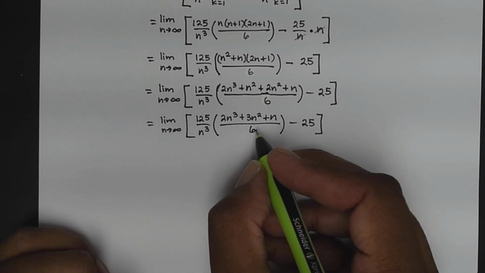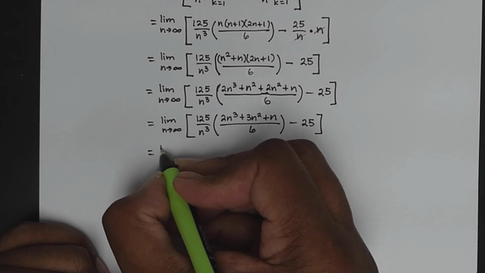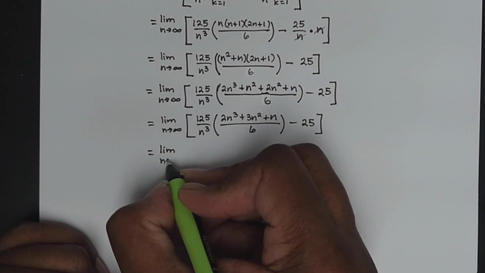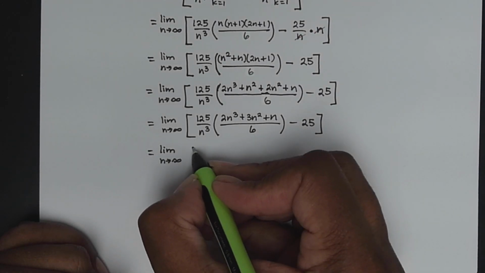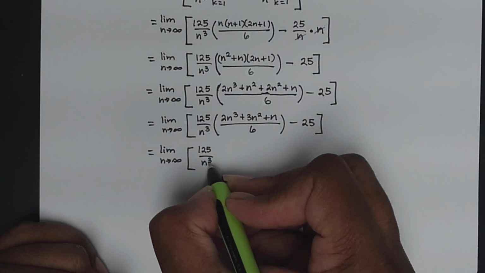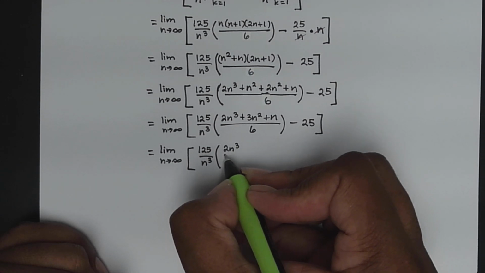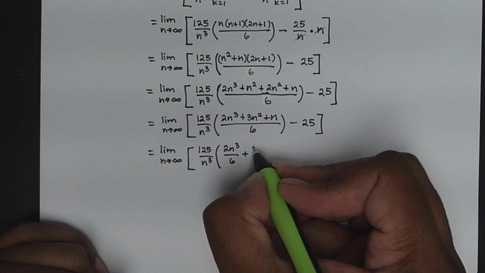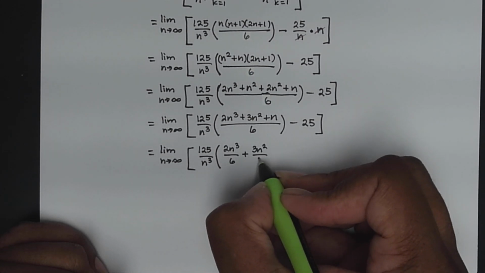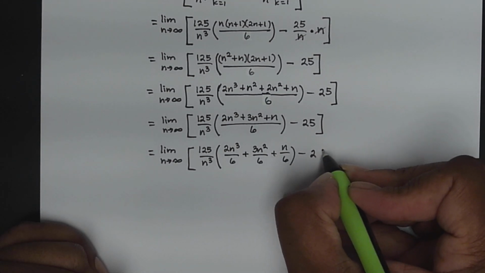I'm going to break this up by putting each term over 6. So here I have the limit as n approaches infinity of 125 over n cubed times 2n cubed over 6, plus 3n squared over 6, plus n over 6, then minus 25.